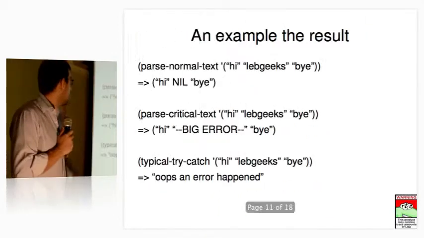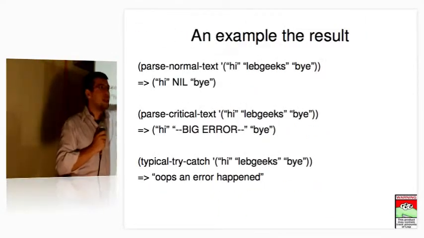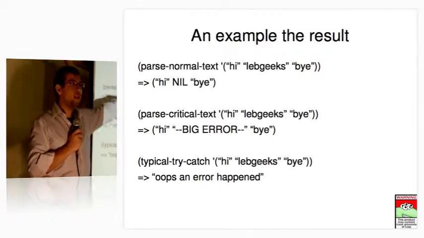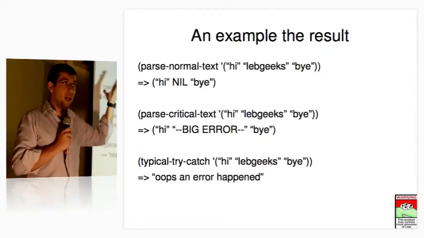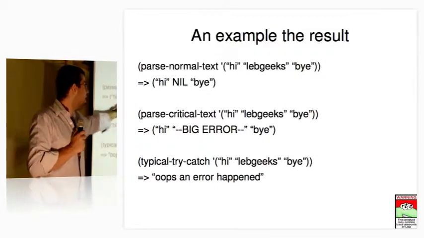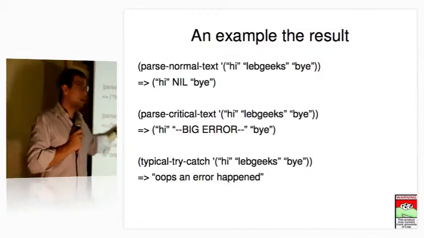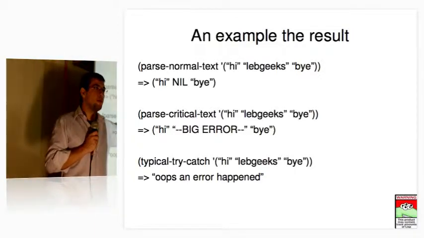So what happens if we run this? If I try to write hi leb geeks by, this is the text, and I'm running it through parse normal text, it's going to be hi nil by. But if I go through critical text, it's going to be hi big error by.